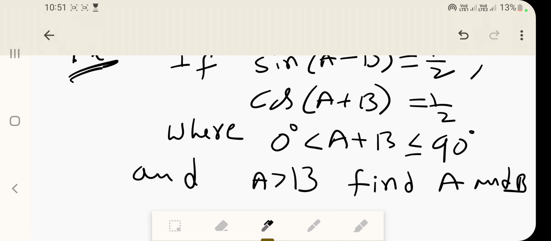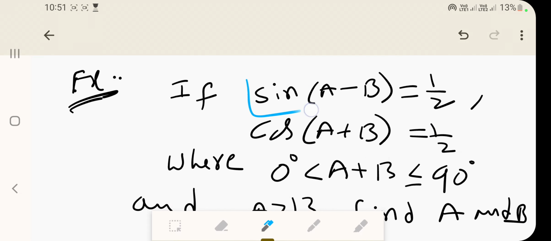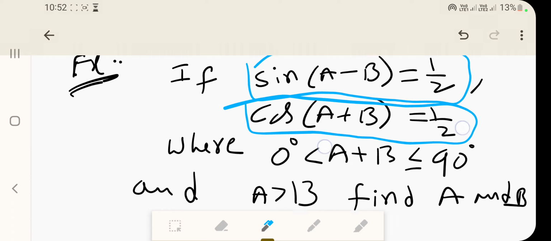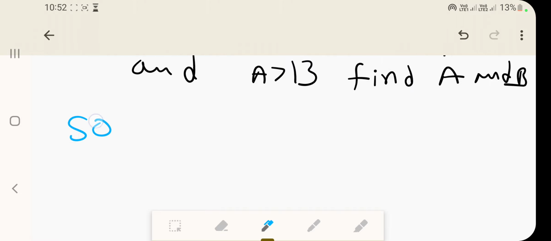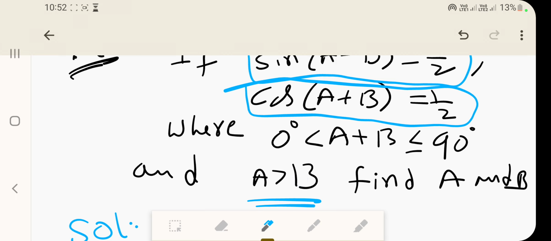So this is the problem. What they have given here, you should carefully understand: sine of some angle A minus B is equal to 1 by 2, and cos of some angle A plus B is equal to 1 by 2. So the solution: A is greater than B and the angle A plus B is greater than 0, less than or equal to 90 degrees.